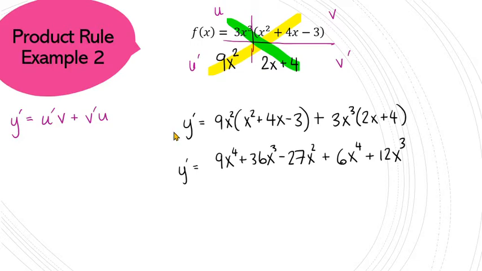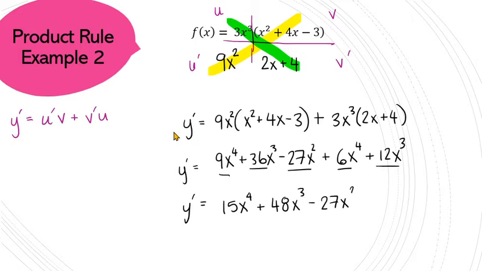Collecting our like terms, and I like to go in descending order because that's what got beaten into me. 9 plus 6 gives me 15x to the power of 4. 36 plus 12 gives me 48x to the power of 3, and then we only have this one term, minus 27x squared.